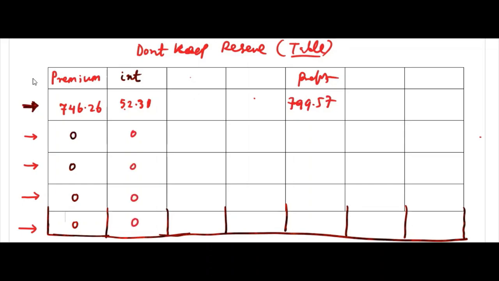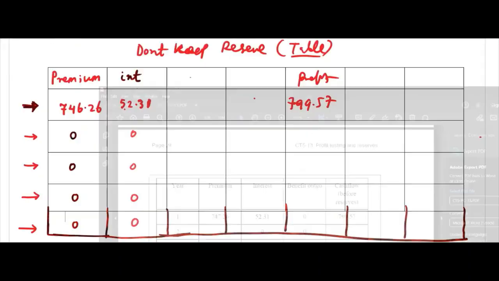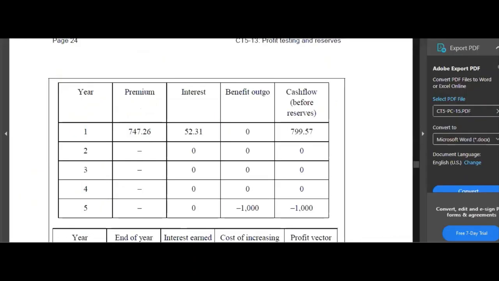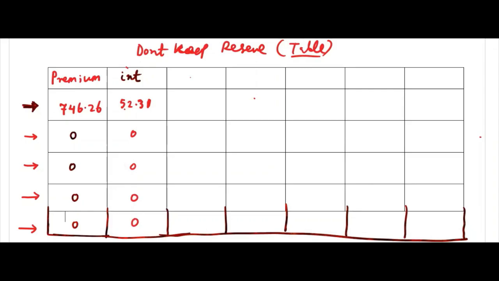And outgo, how they've written, benefit outgo. Okay, benefits we can write because it's an endowment policy. I mean, we need only one column. Benefit you can write. No benefit here. I'm using this column, so this column you leave it. Okay. Or to avoid the doubt, we'll write here 799.57. Okay, and here benefit.